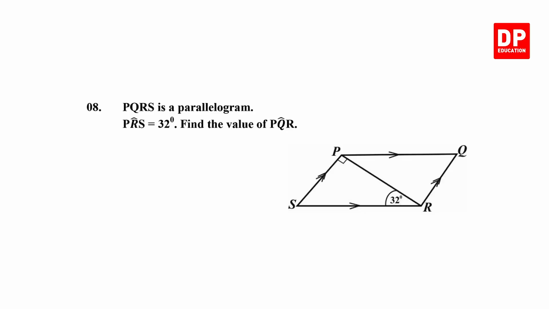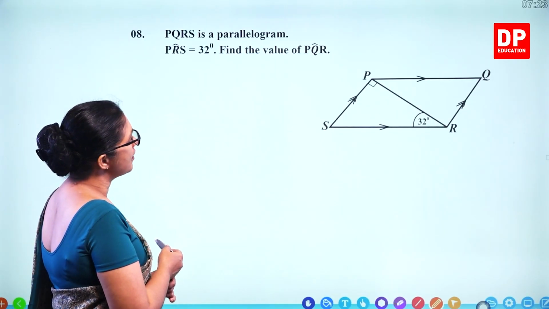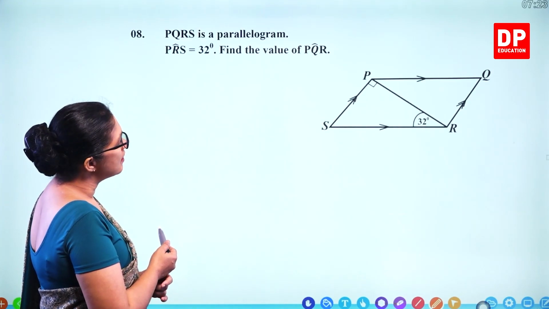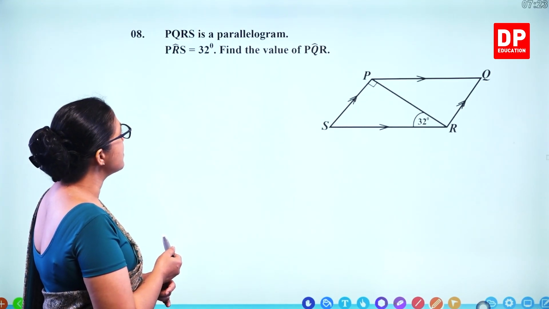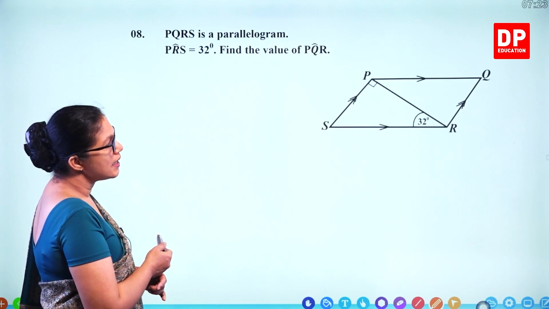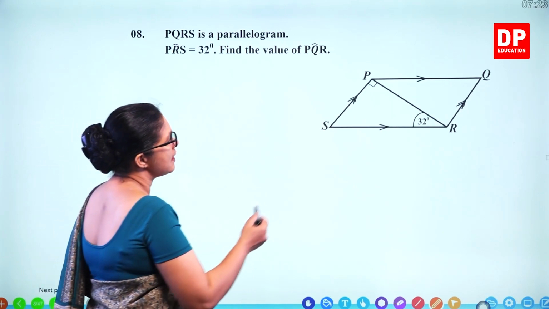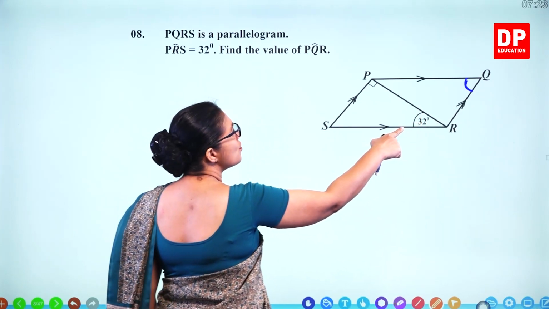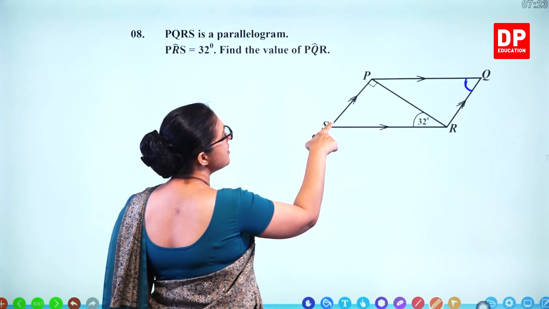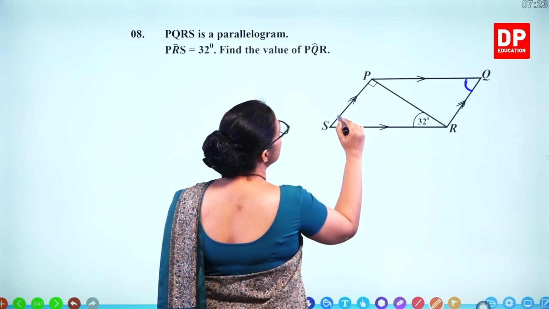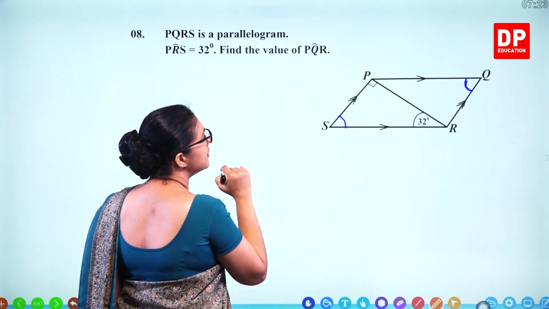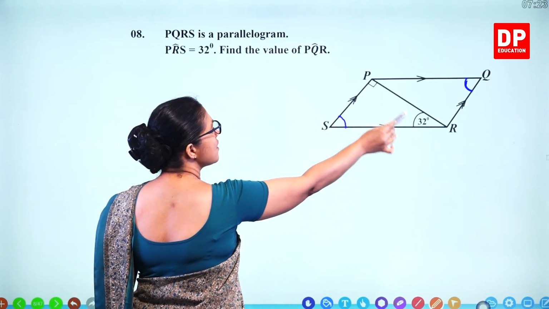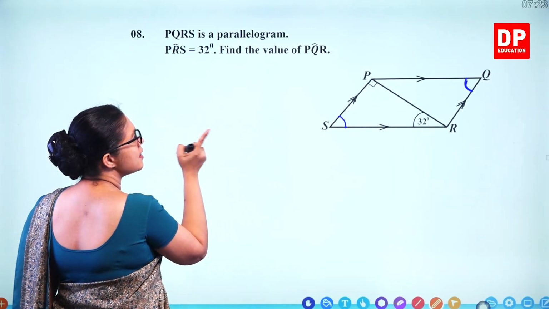Question number 8. PQRS is a parallelogram. Opposite sides are parallel. PRS is 32 degrees. Find the value of PQR. This angle. Now this is 32 and here you can find out this angle. 180 minus these two. So 90 is there. So that means definitely this is 90 minus that.